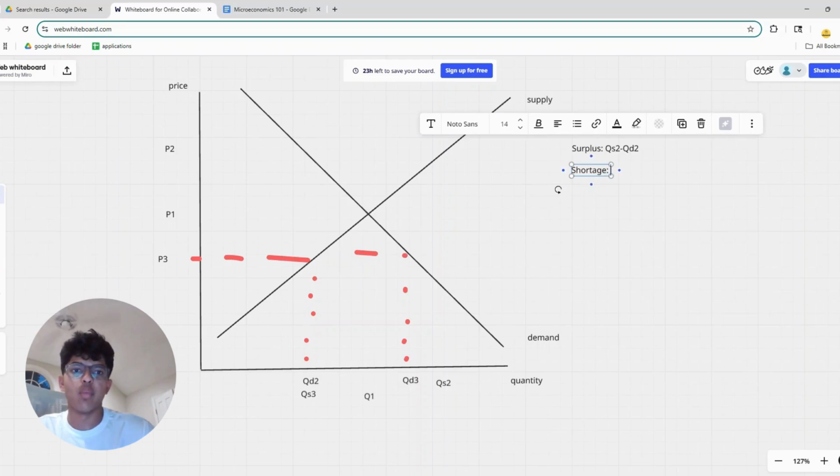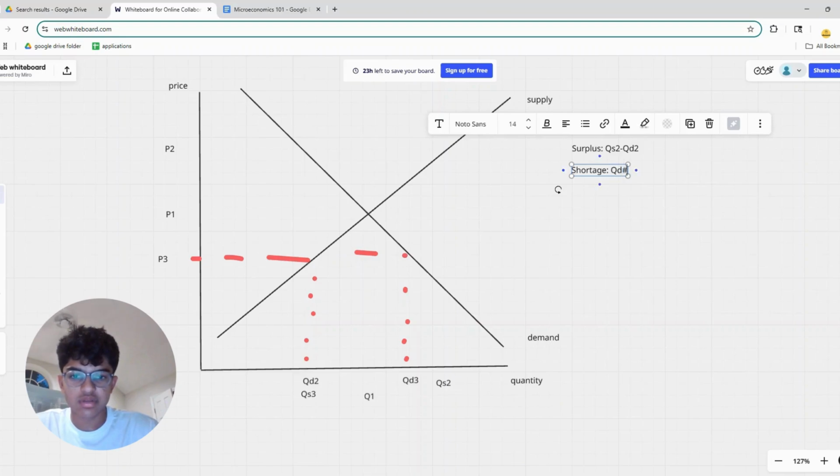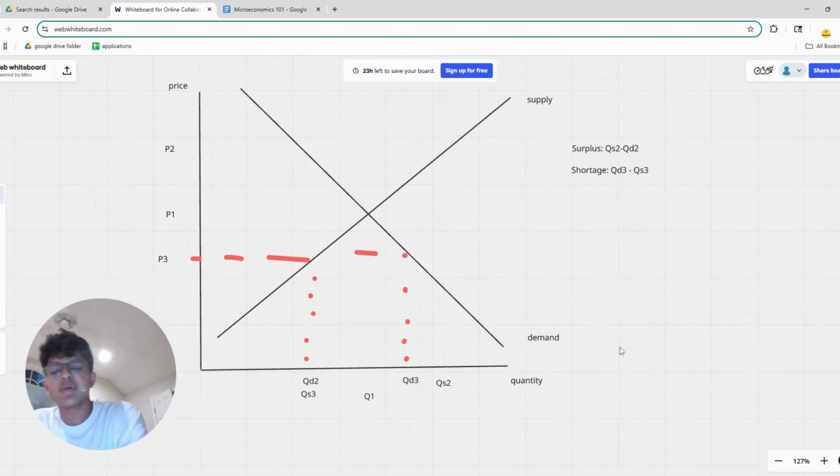Why? Because people want more stuff than there is available. You can look back at toilet paper during the COVID pandemic. That's a perfect example of a shortage, right? The price is too low. And so in that scenario, you're going to have a shortage of QD3 minus QS3. But you might be thinking, I used the toilet paper example during COVID.